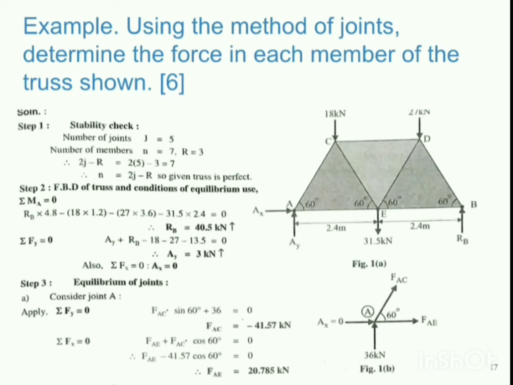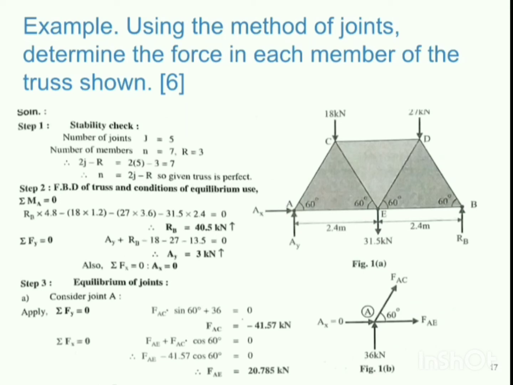Now let us substitute the values of M and J in our equation, that is, M is equal to 2J minus 3. So we get that the truss is a perfect truss and it can be analyzed by using the 3 conditions of equilibrium.